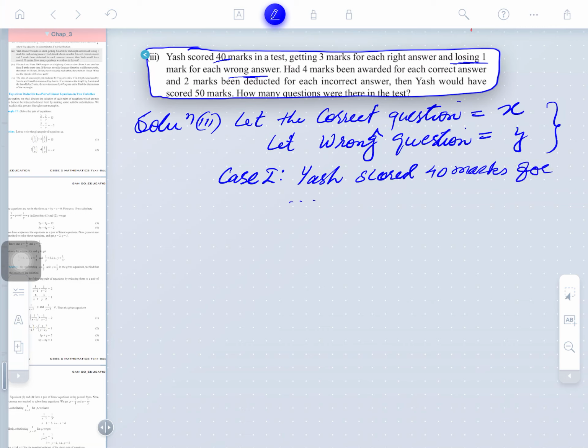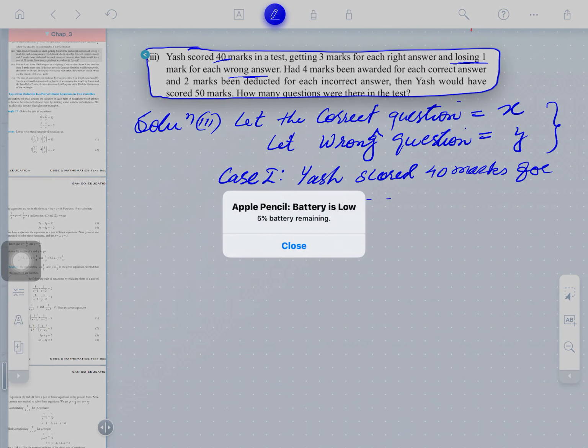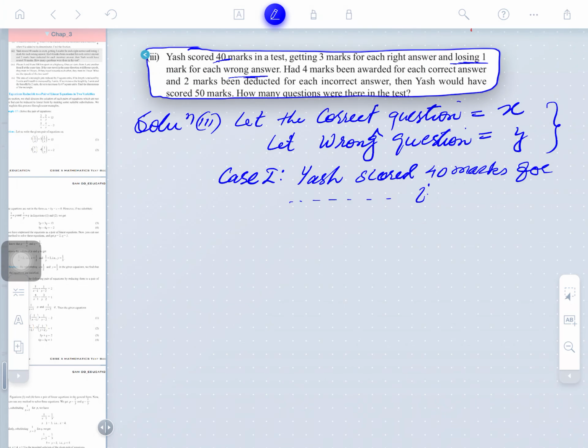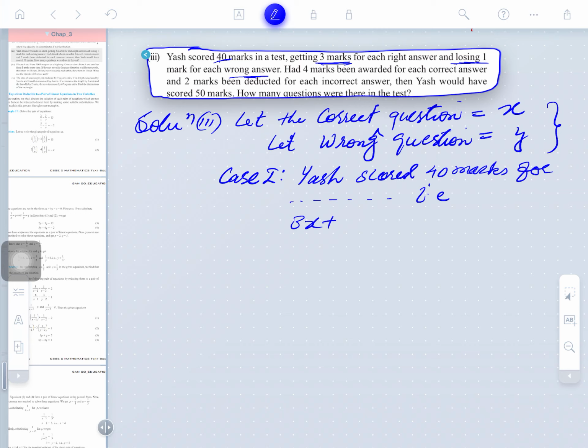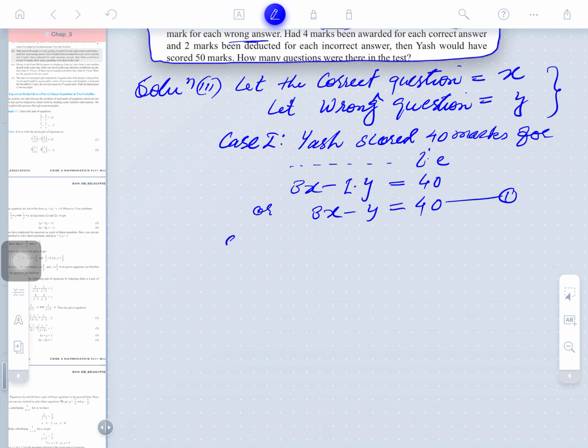So this is to be converted as this. 3 marks for correct, so it's 3x, and minus 1 mark for each wrong, y into 1, is equal to how much marks? 40. So the equation is 3x - y = 40. This is the first equation. What is the second case?